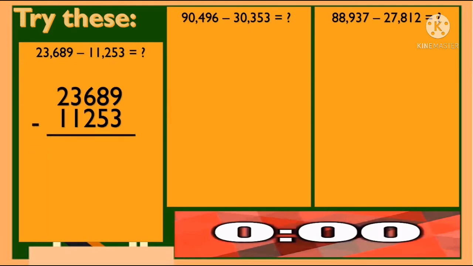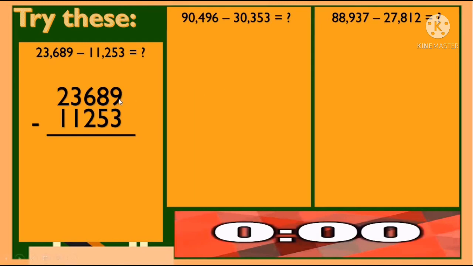Now, our next step is we need to identify if all the digits in the minuend are greater than the digits on the subtrahend. So let's see.